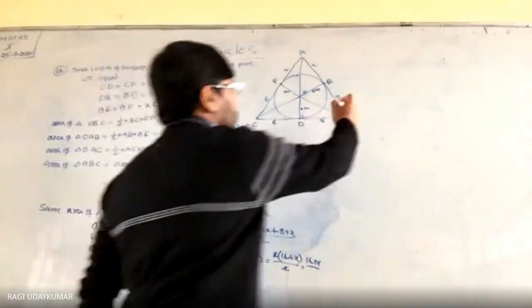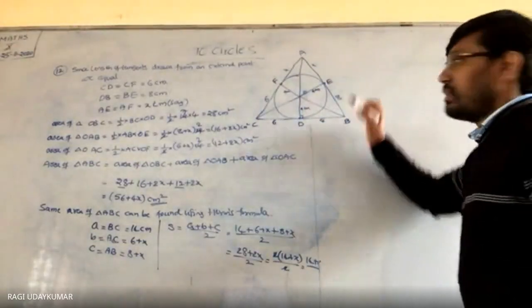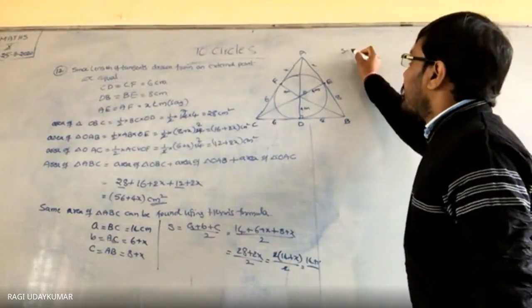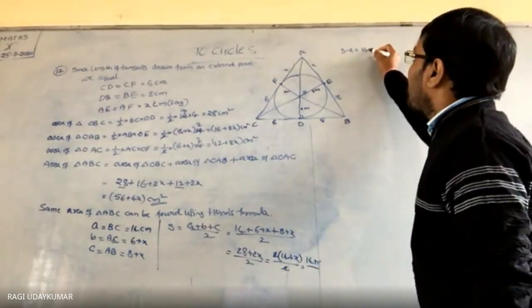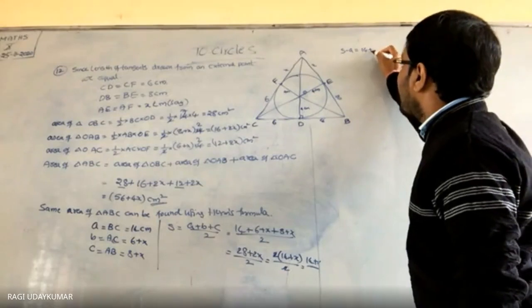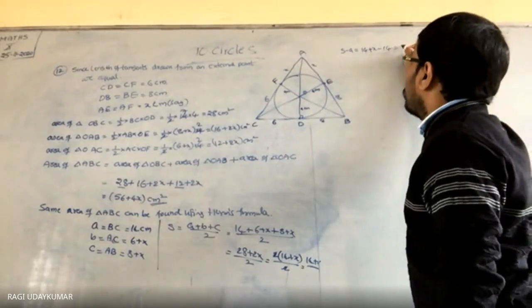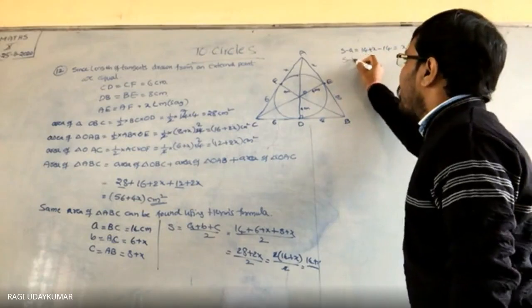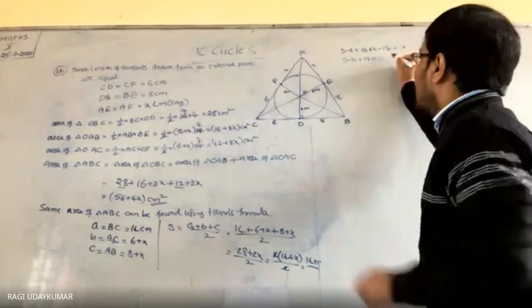In the same way, find what is s minus a. S is 14 plus x, minus a, which is 14. So this is equal to x. S minus b is 14 plus x minus b, which is 6 plus x.